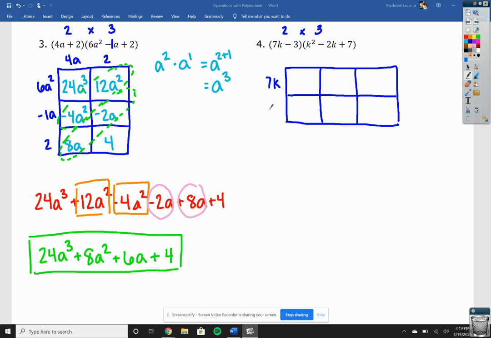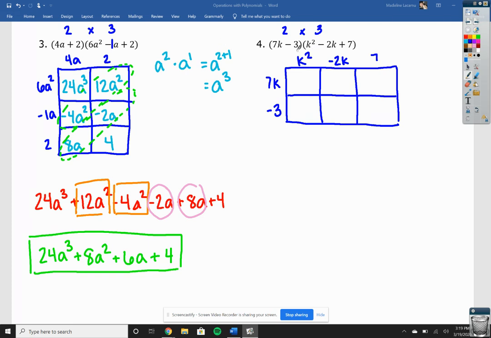Now it's minus 3, so this needs to be a negative 3. Now across the top, I'm going to have k squared, negative 2k, and 7. Now we just have to do exactly what we did in the last one.